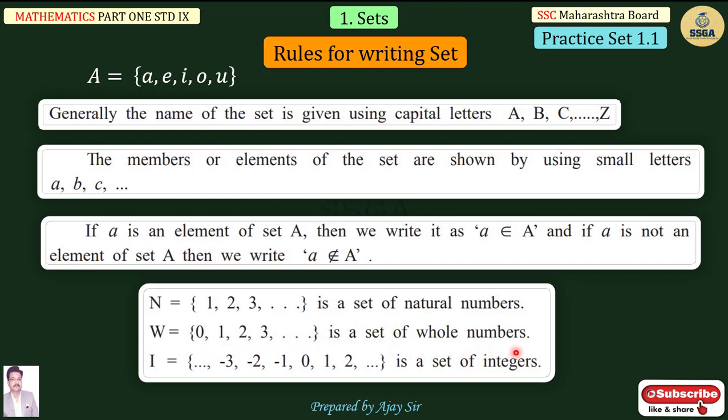It's called the set of whole numbers. Similarly, integers: all integers from negative to positive, left side, right side, with 0. So this set is called integers. So these are the methods or rules of writing a set. A set is always indicated by capital letters, and in curly brackets its elements we write separated by commas.